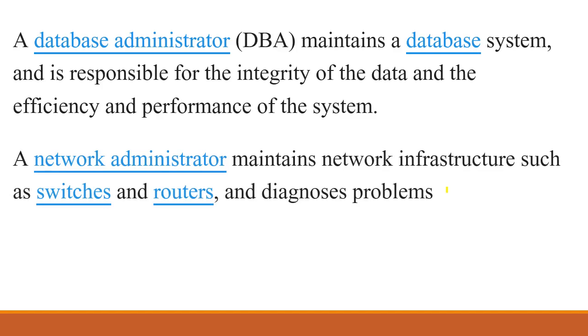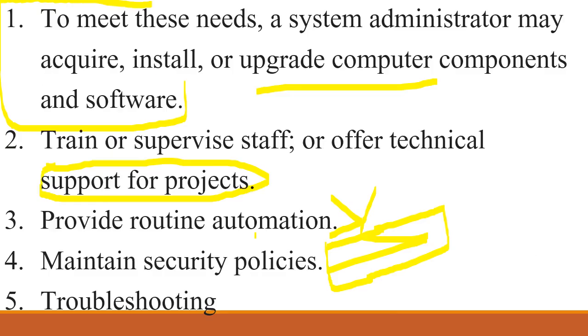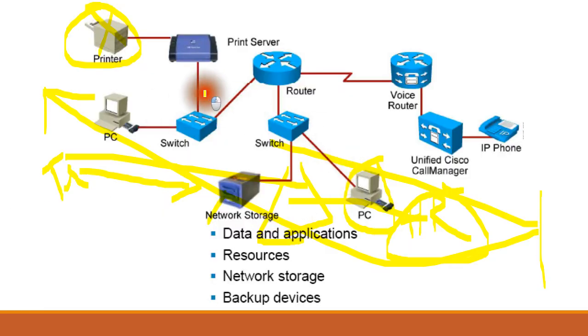Similarly, a network administrator. Guys, a network administrator maintains network infrastructure such as switches and routers and diagnoses problems. For example, if you are working as a network administrator, you will have switches, routers, and some other networking devices. You will be taking care of the connectivity part. There should be proper communication between all the devices.